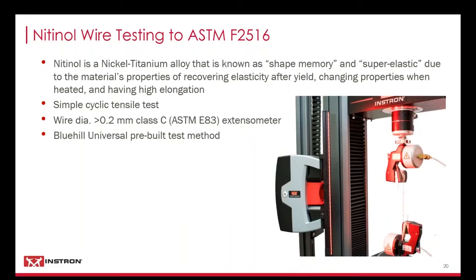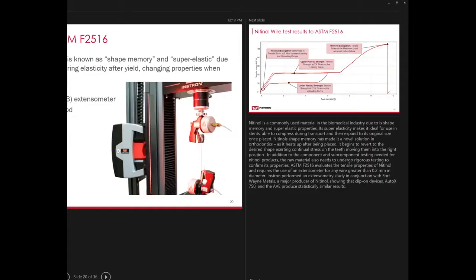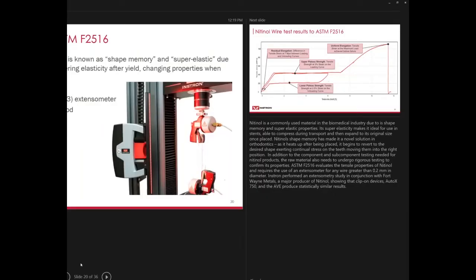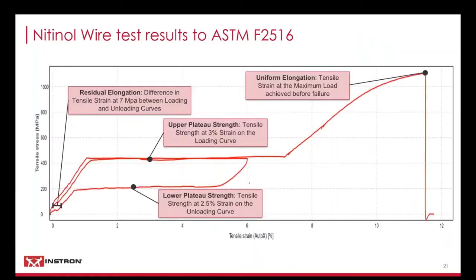We actually have performed a pretty extensive extensometry study in conjunction with Fort Wayne Metals, a major manufacturer of nitinol, and we showed that for thicker specimens, clip-on devices, AutoX, and AVX all produce statistically similar results. Obviously, once you get to thinner specimens that still need an extensometer, the non-contacting solution is a better option.